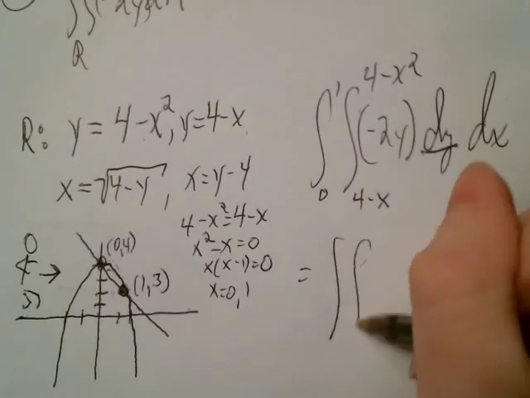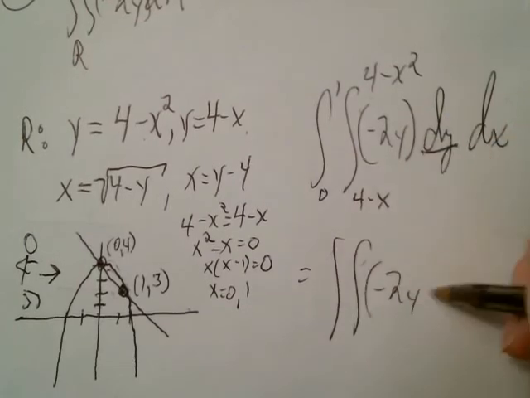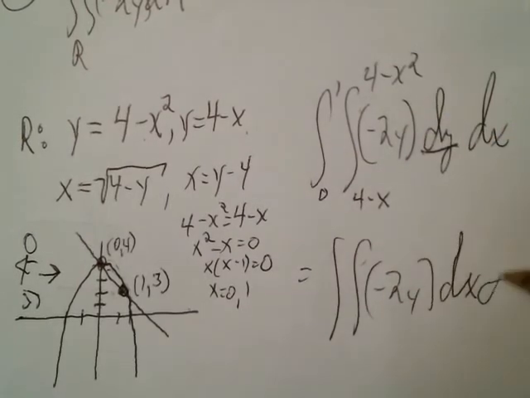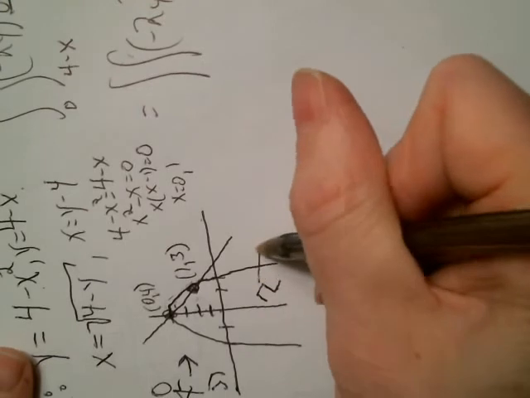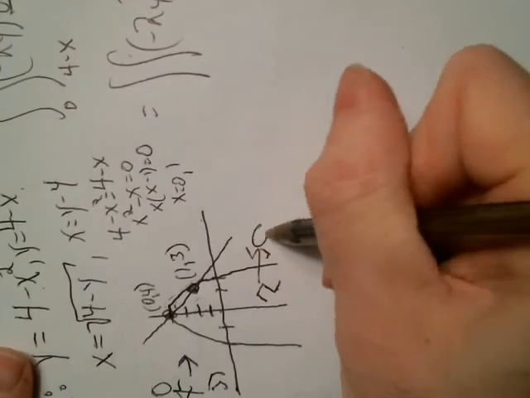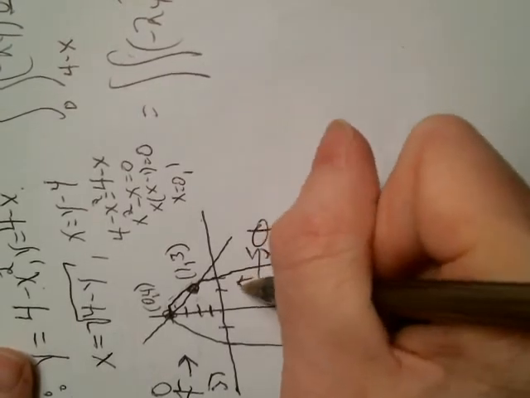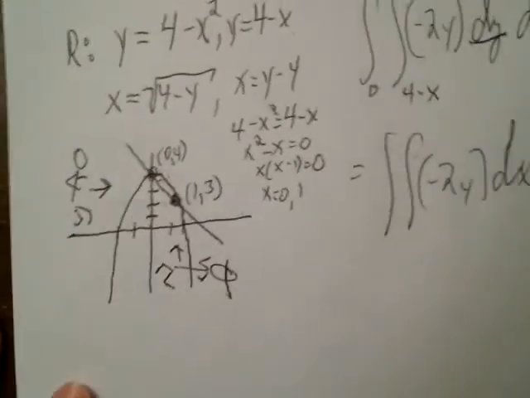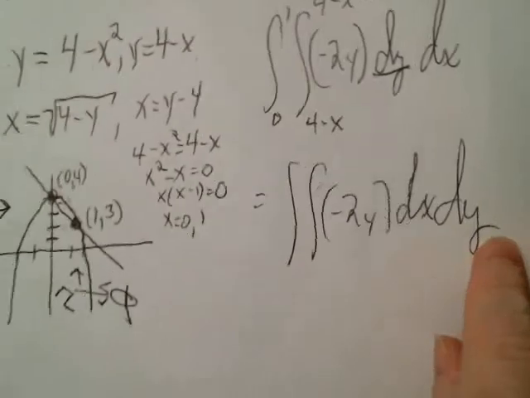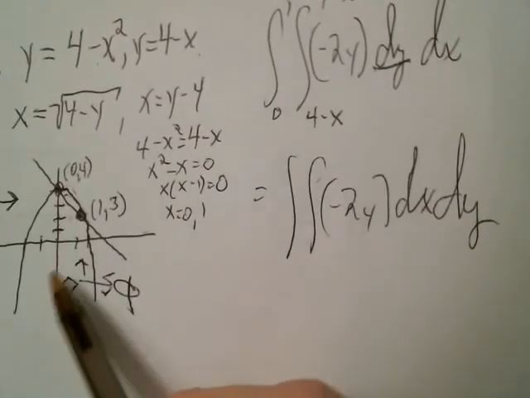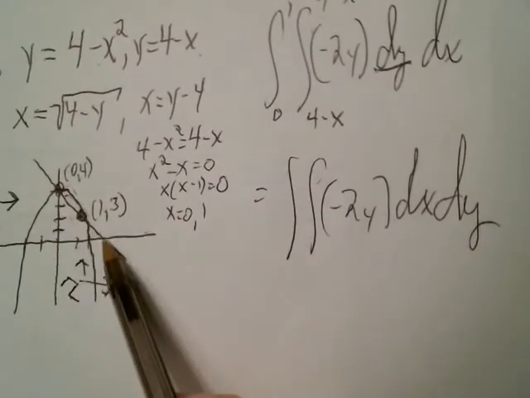Okay, and then for the other order, the other orientation, the Riemann man now is running like this. So we're going from x equals something to x equals something, right? So the left curve is the line.